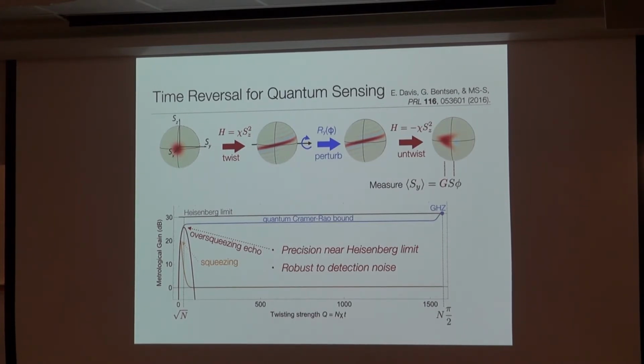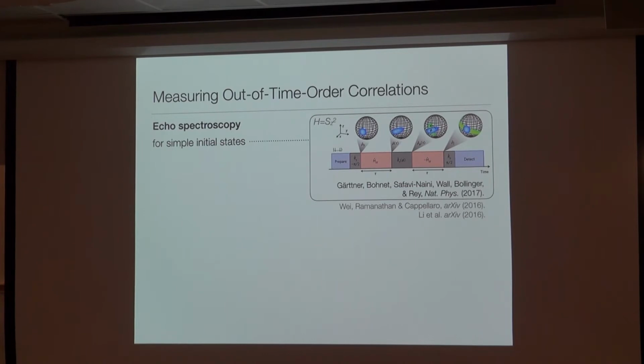So I'm not going to say more about this, but this is actually how I first started talking with Brian about schemes for reversing time. And very soon thereafter, there was a beautiful experiment in the group of John Bollinger and Ana Maria Rey using precisely such an echo scheme, just a little bit more sophisticated, and also using exactly this kind of twisting interaction I showed before, to perform a measurement of this out-of-time order correlation function, in this case in a trapped ion system.